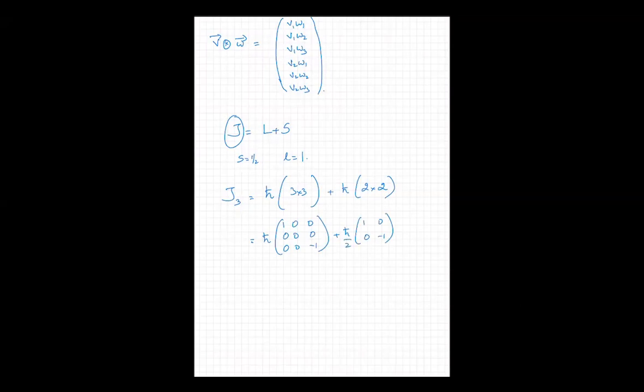Now, how am I going to add these two matrices? This doesn't make any mathematical sense, right? So whenever I say that J is L plus S, I probably mean something different. I need a consistent mathematical way of adding these matrices that live in different Hilbert spaces. I will interpret this at the end of this lecture: this is not just L plus S, but mathematically slightly more involved, and I should define it with respect to direct products.